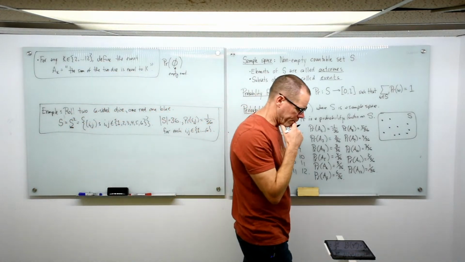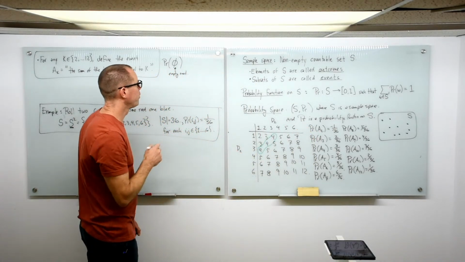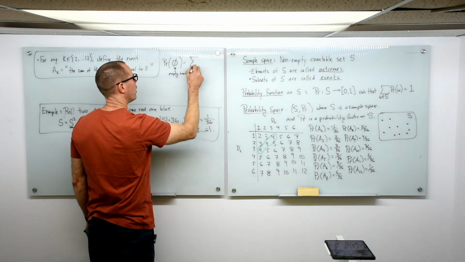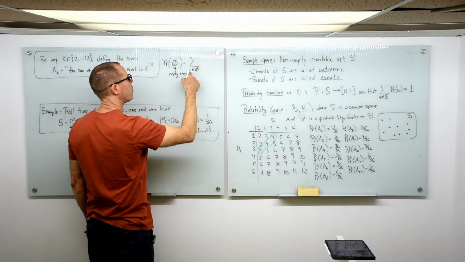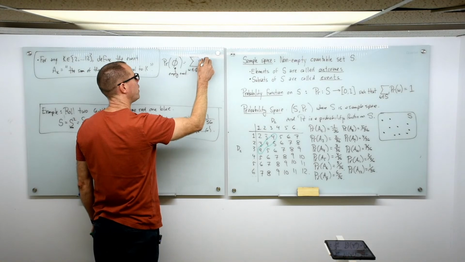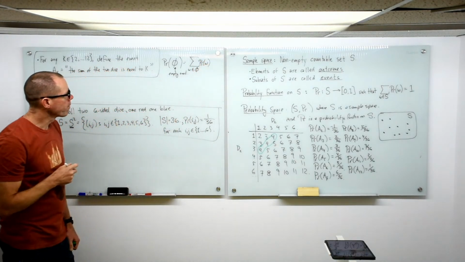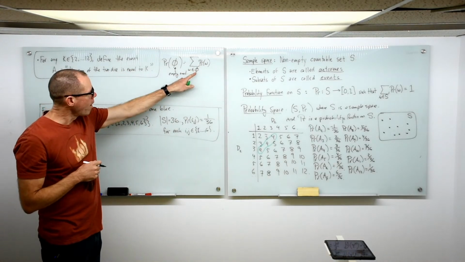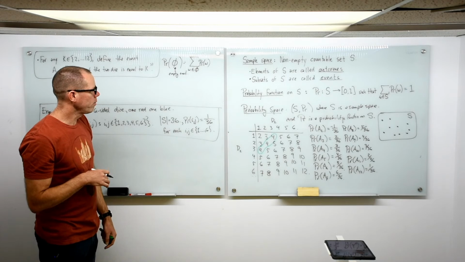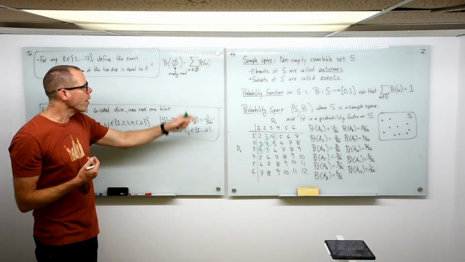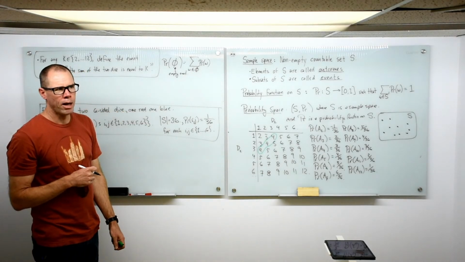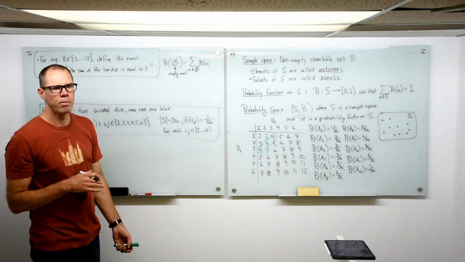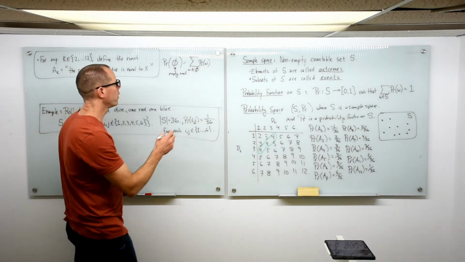Well, you just apply the definition. You add up over all the elements in the empty set the probability of that element, but there are no elements in the empty set. So this is an empty sum, and you may or may not have ever thought about what an empty sum means, or how it should be defined, but the only definition that makes sense is to say that an empty sum has value 0.